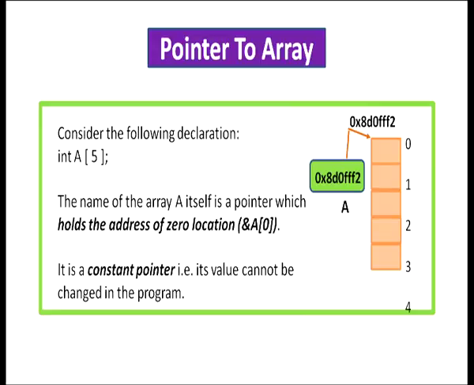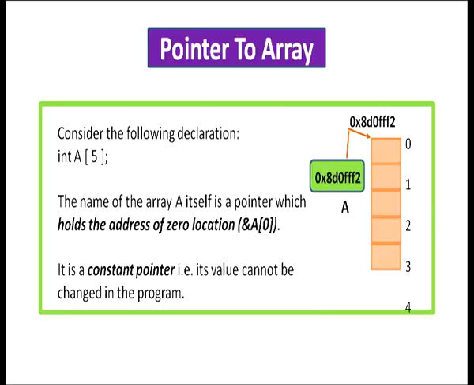Pointer to array. Now, consider the declaration int a[5]. Here a is an array of size 5. You can see the memory allocation of a, and whenever we declare an array, memory is allocated to it and it starts from a certain memory address.